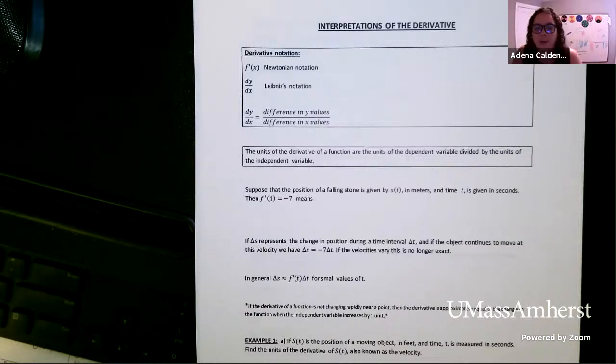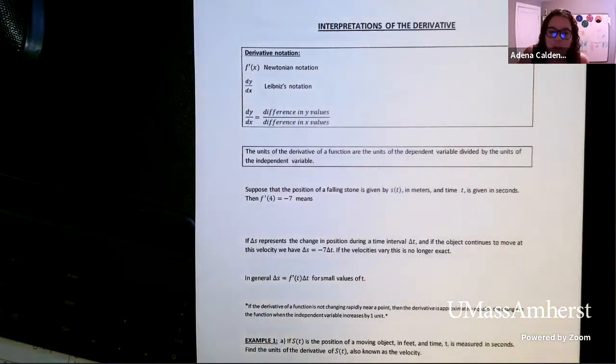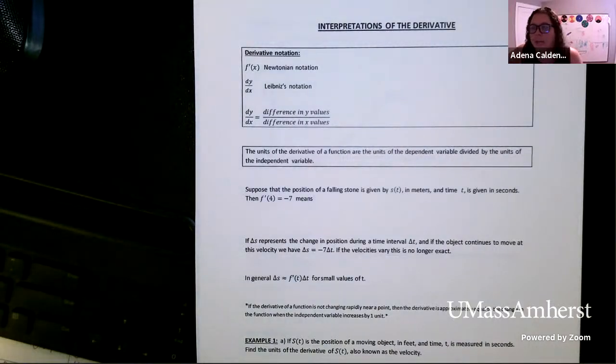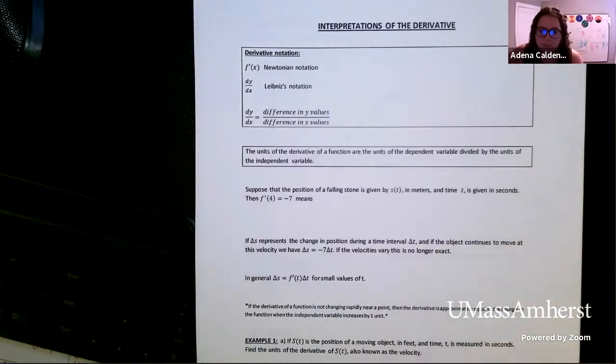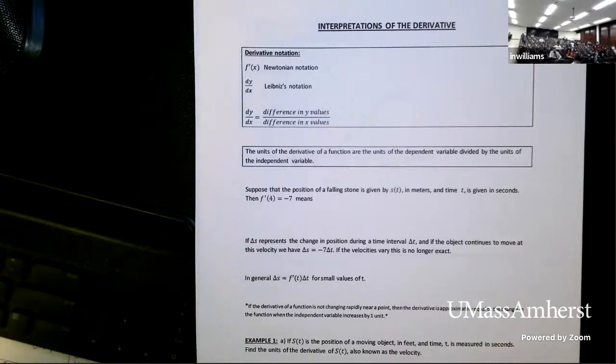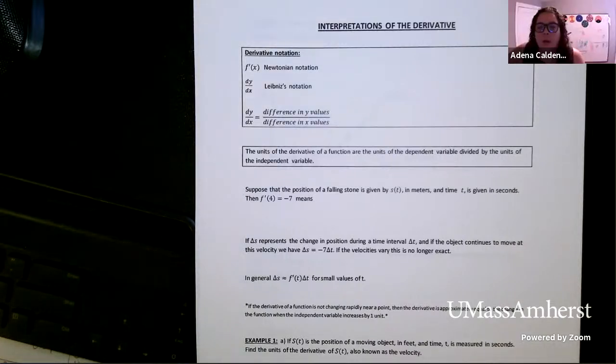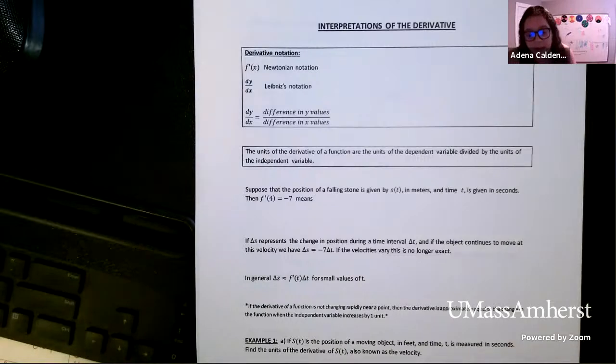So thinking about units, I just want to circle back to notation. I can't remember how in depth we talked about this, but in the late 1600s, there were 2 people working on differential calculus, which is the calculus we're studying, at the same time. Newton was working on it and Gottfried Leibniz was working on it. There was controversy about who actually discovered calculus.